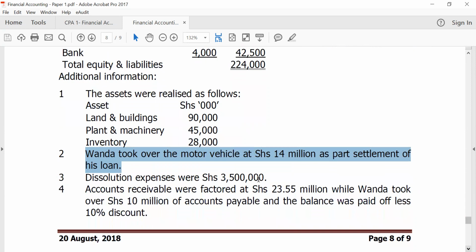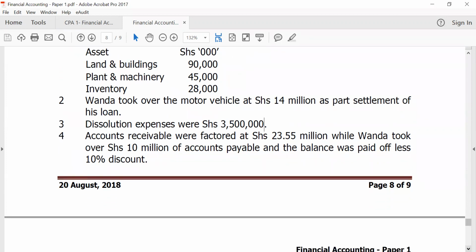We also have the dissolution expenses. Now the dissolution expenses, that is the amount of money that we pay maybe the accounting firm or whatever entity that helps us to dissolve, okay? So we are going to see how this is also factored in.